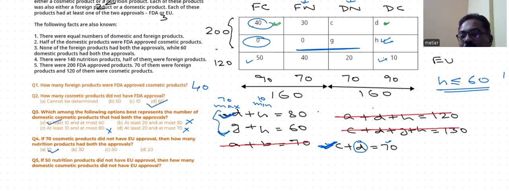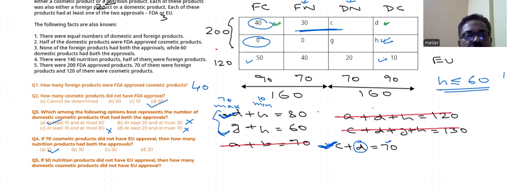Did not have EU approval, means again we have to consider the first row. They are talking about the first row only, that nutrition products not having EU approval, means only FDA approval, that is 30 plus C. This value is coming as 50.